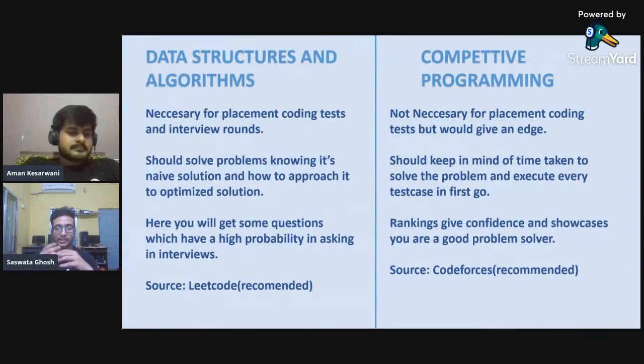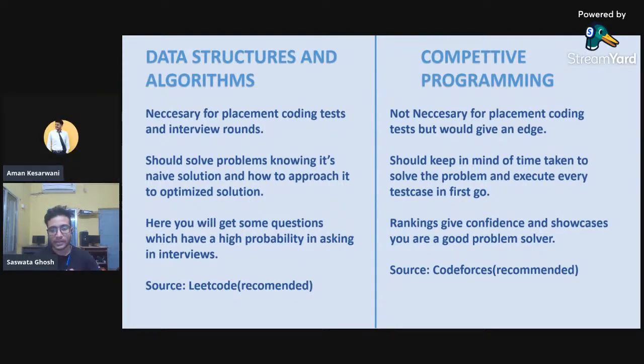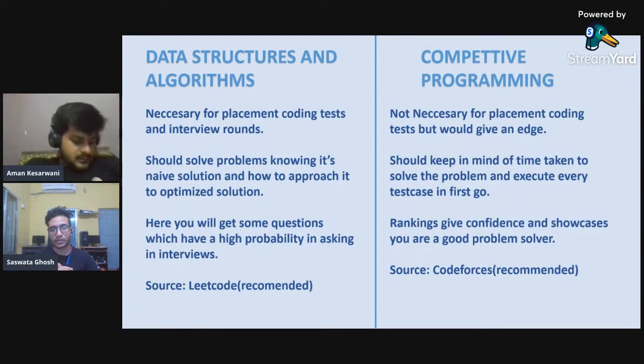They have things like stars and rankings, which build confidence and show that you are a good problem solver. So this is the basic difference between data structures and algorithms and competitive programming. Don't think that if you don't know data structures and algorithms, you can't do competitive coding. That's not the case.